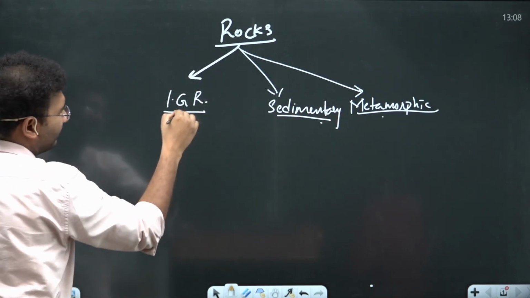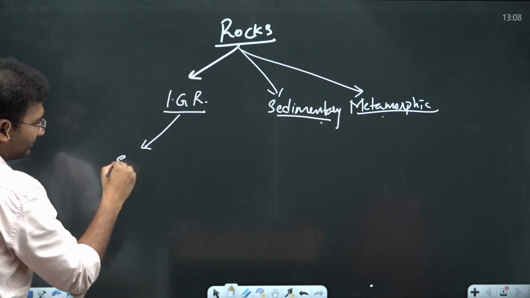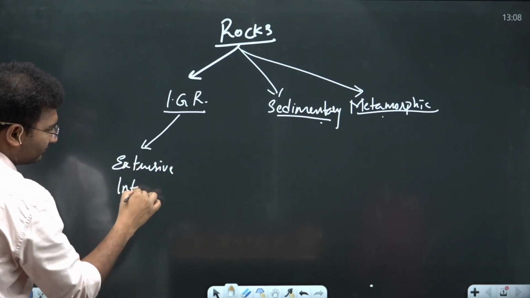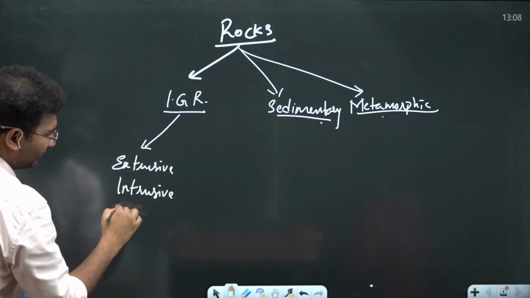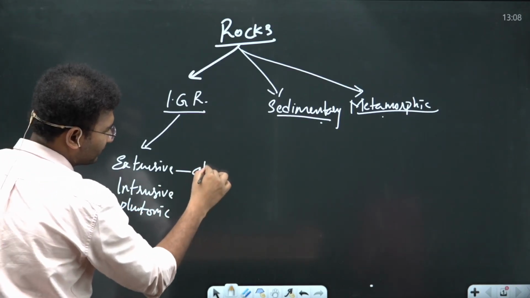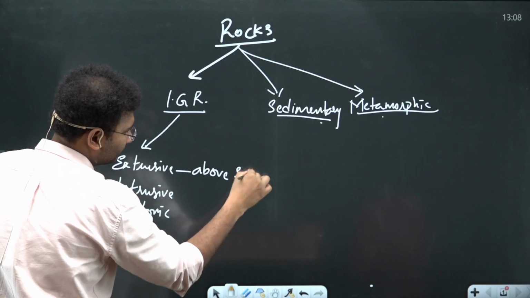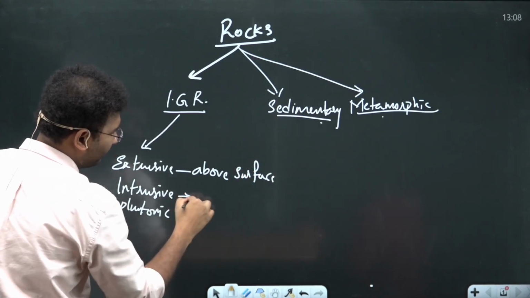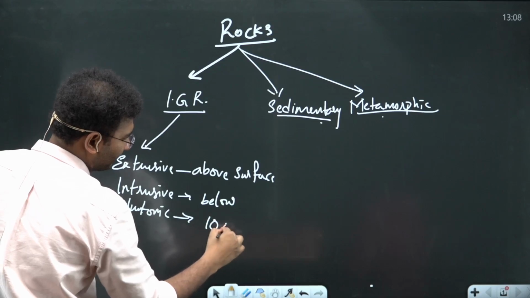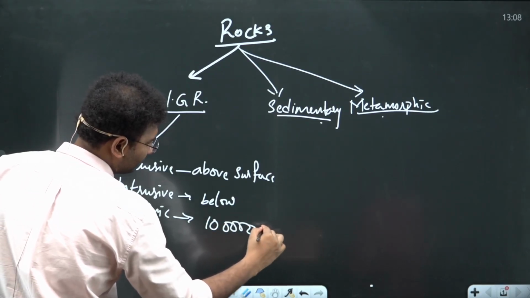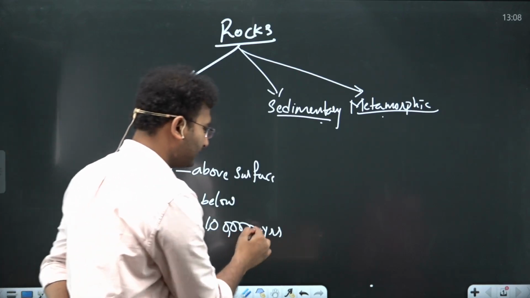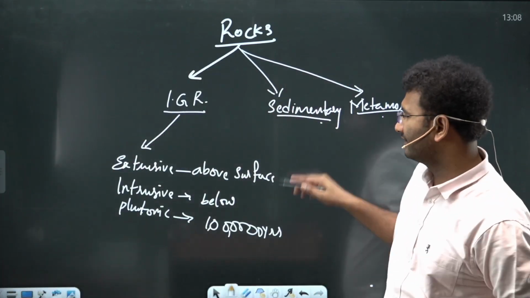Now within igneous rock, you have to learn extrusive, intrusive, and the third one, plutonic. Extrusive rocks are cooled above the surface, and the others are cooled below the surface, and this takes millions of years, right? More than millions of years it is taking. Now this is how the fundamental classification of rocks is done.